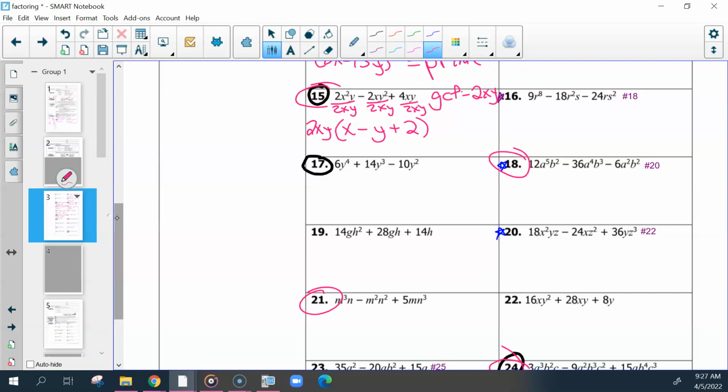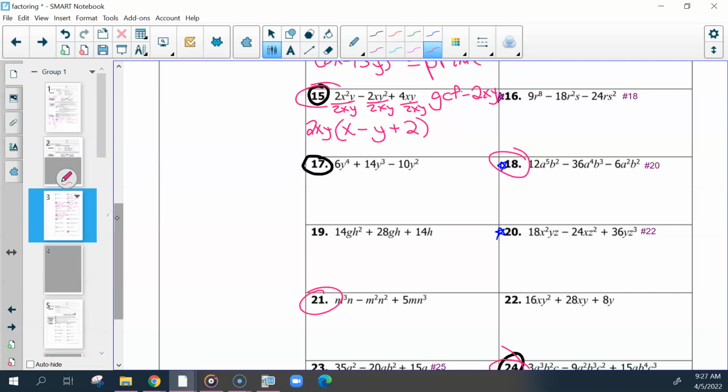For 18, because we have different numbers, 6 might work. But when you have more numbers, you may want to go back to doing your factor tree for each one.